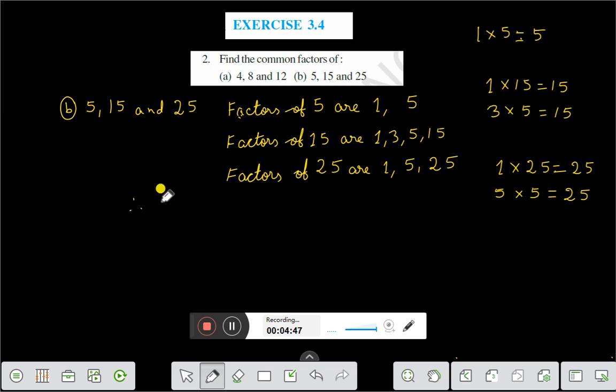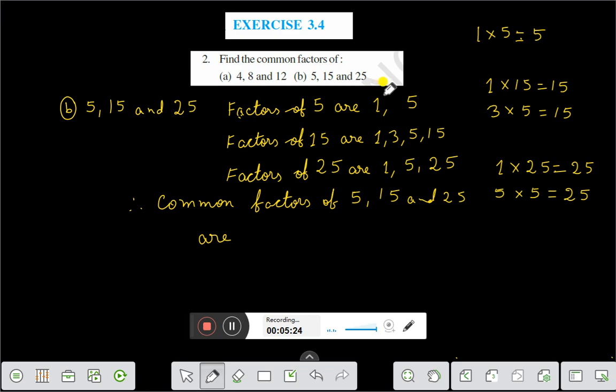Therefore, common factors of 5, 15 and 25 are, we have to find the common.